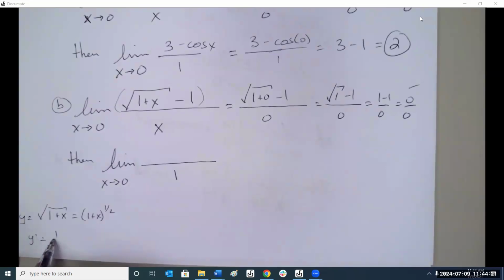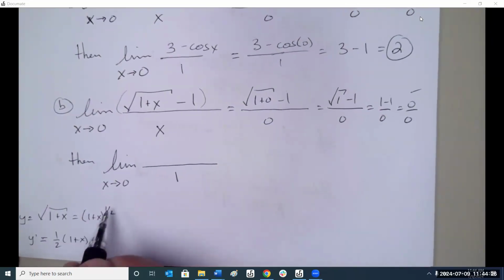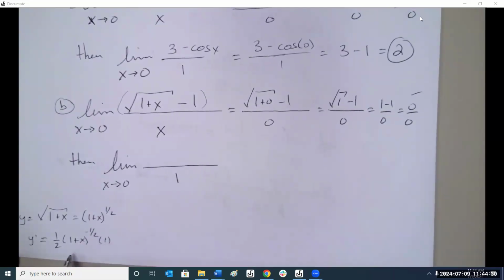So the derivative is 1/2 times 1 plus x to the negative 1/2, times the derivative of the inside, which is 1.